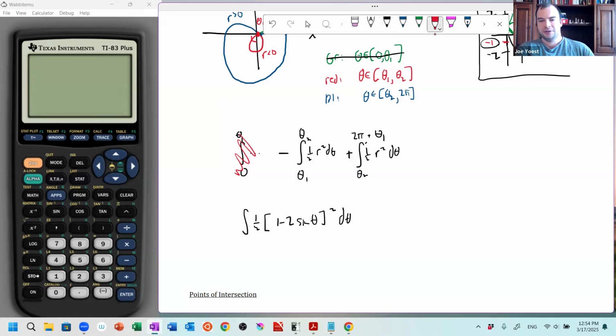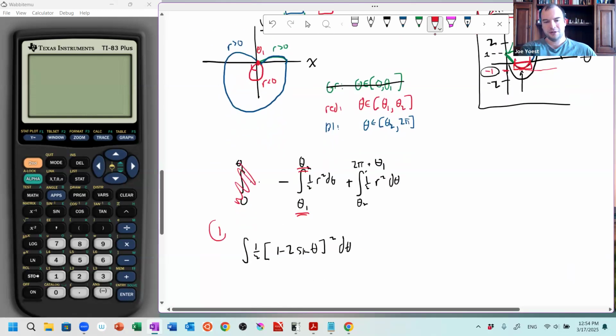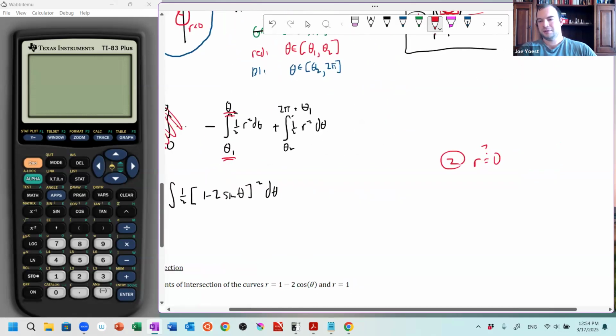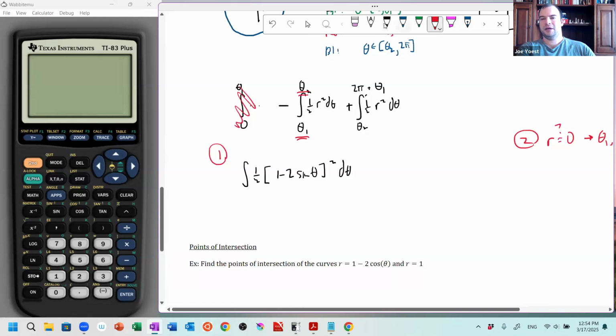I also have to figure out theta 1 and theta 2. So thing number 1 I need to do is this integral, and thing number 2 is to figure out when r equals 0. That gives me theta 1 and theta 2, and then I can just plug in and get my answer.